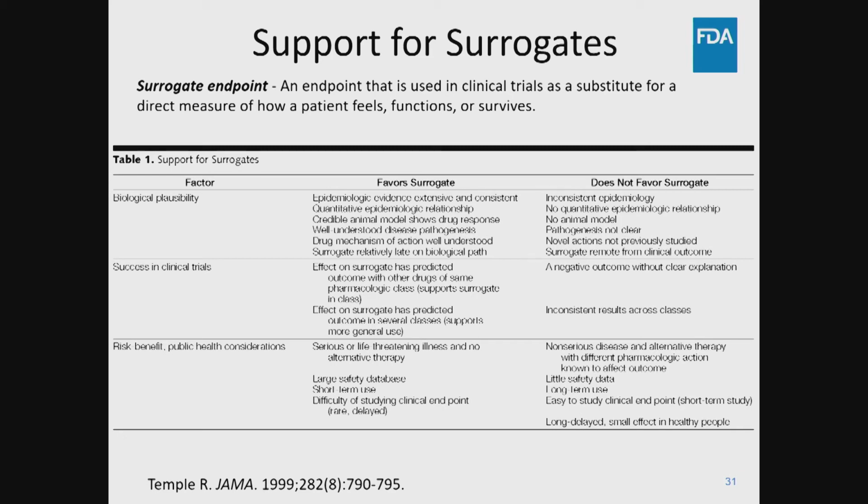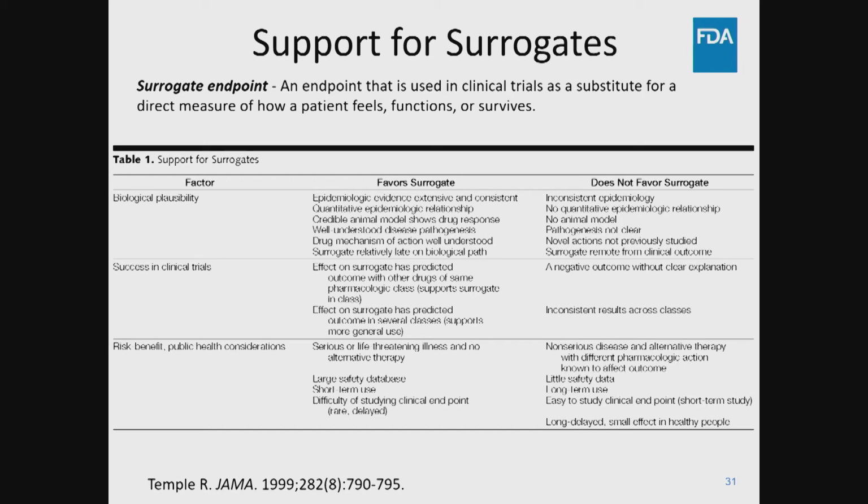So this would be the difference between, say, for an antihypertensive drug, if you had a diuretic and it had only been shown to predict outcomes with other diuretics, versus if it had been shown to predict outcomes with other classes such as ACE inhibitors and calcium channel blockers and other antihypertensive agents, that would support more general use for another antihypertensive agent from another class. Things that don't favor the use of surrogates in clinical trials would again be the opposite, so negative outcomes in clinical trials without a clear explanation for that, as well as inconsistent results across drug classes.